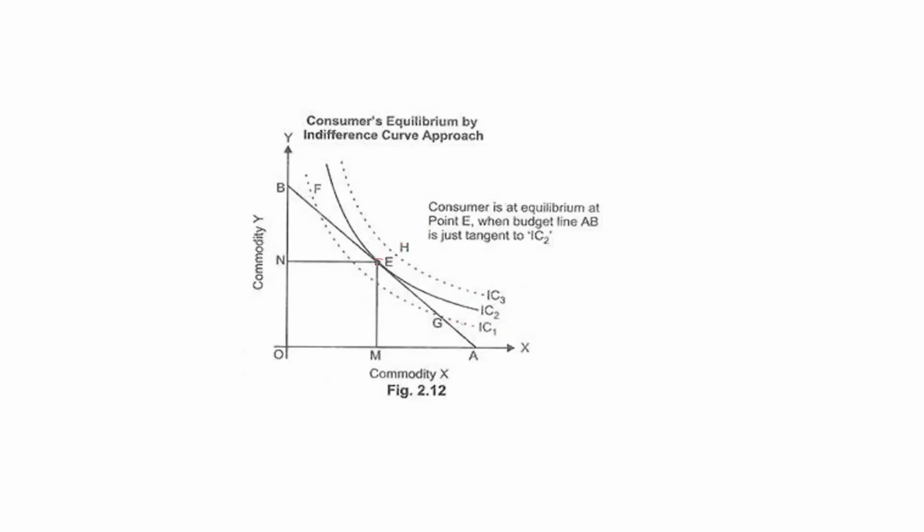So the only tangent point is E, and that is represented by indifference curve 2. So that is presenting you the consumer's equilibrium level.